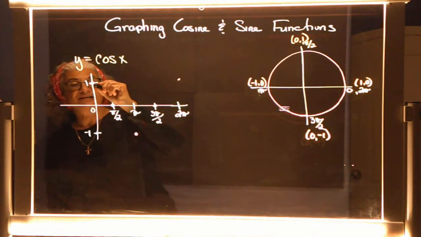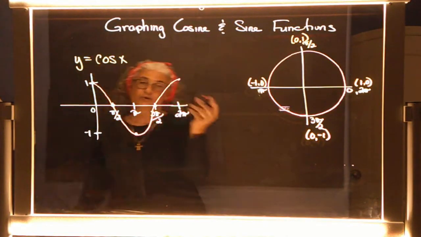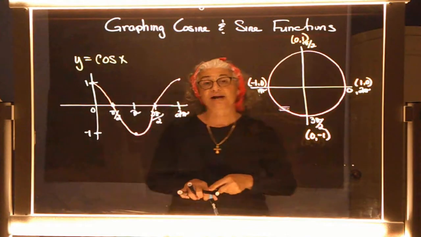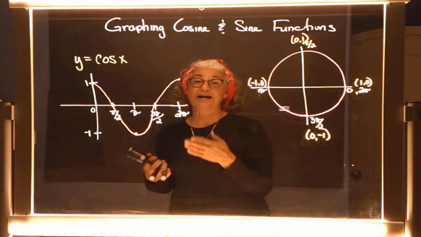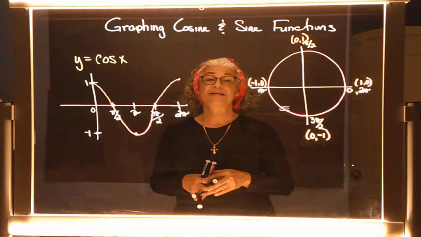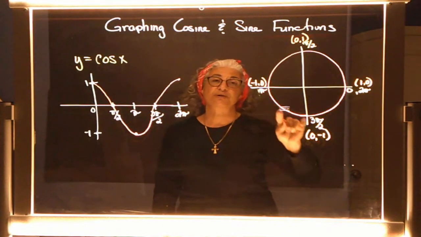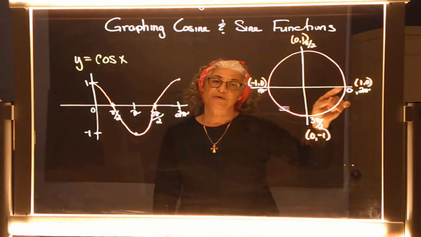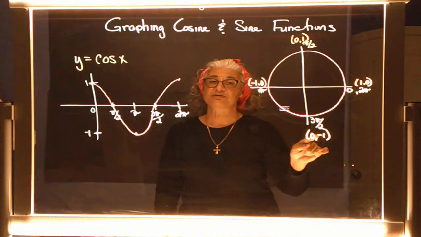So when I connect these dots, I end up with what I call the graph of a valley. Got it? It's the graph of a valley. Now, I could keep moving and take another revolution around the circle. But question is, will any of these x coordinates change?